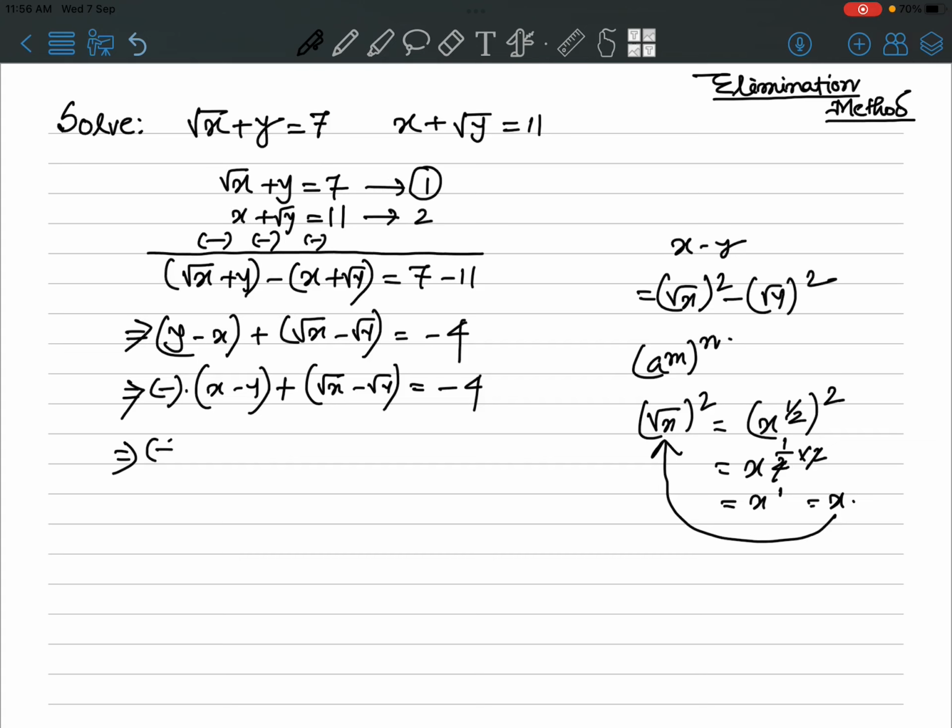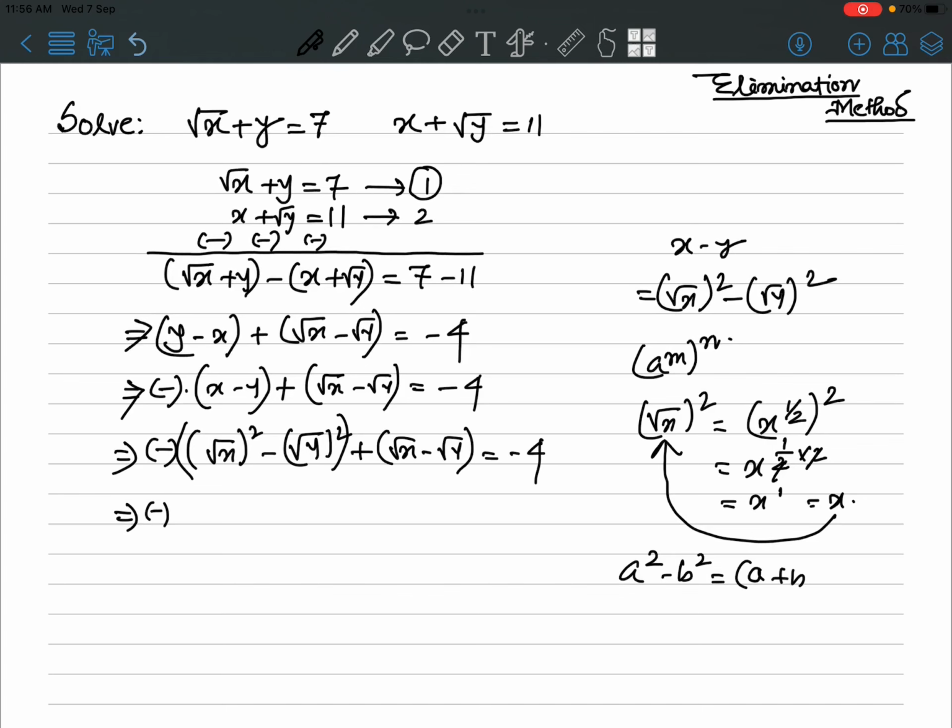Now we will write minus into root over x whole square minus root over y whole square, then close the bracket, plus root over x minus root over y equals minus 4. Now we can apply the formula of algebra. What is the algebraic formula? The formula is a square minus b square equals a plus b into a minus b.